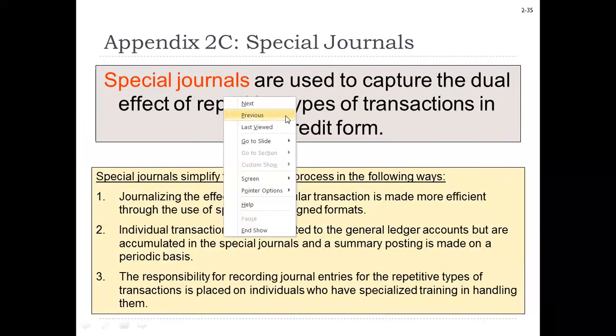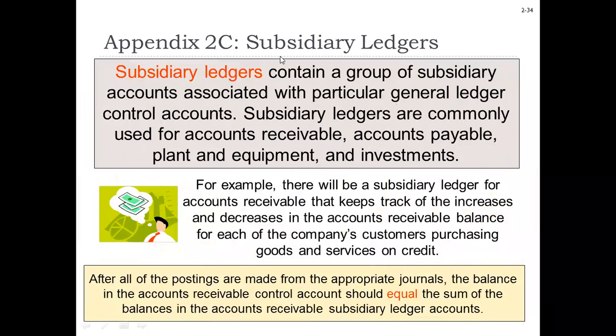Don't worry about the rest of these, except I just want to mention subsidiary ledger. A subsidiary ledger is a detail of a general ledger account. So in a general ledger, for example, there's an account called accounts receivable. But that accounts receivable account may be made up of many different individual accounts, because they may have 100 different customers with whom they have accounts receivable.